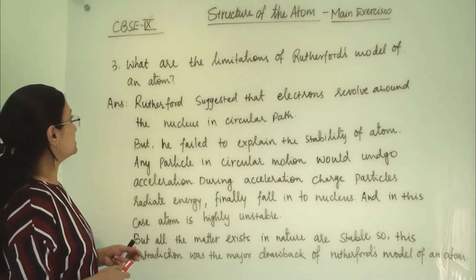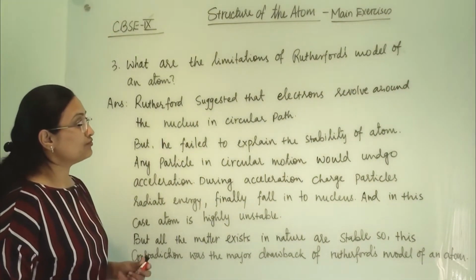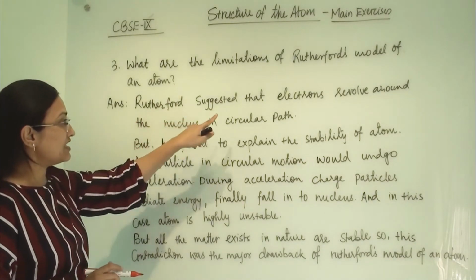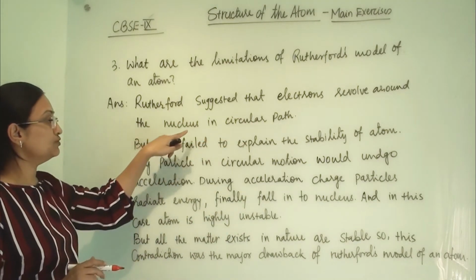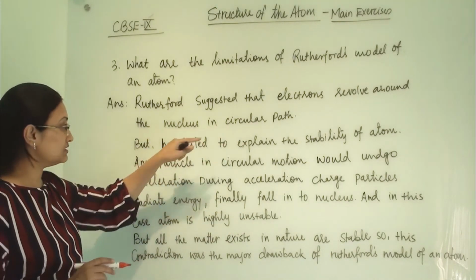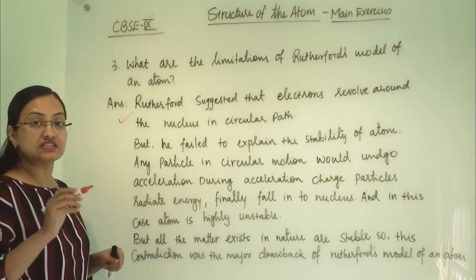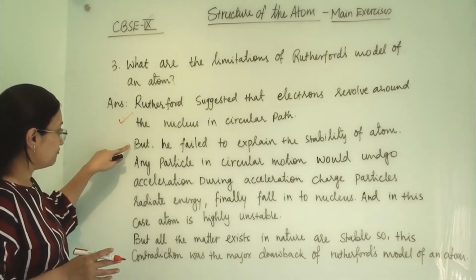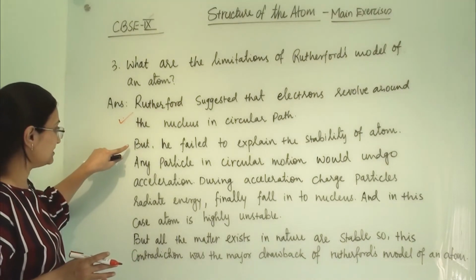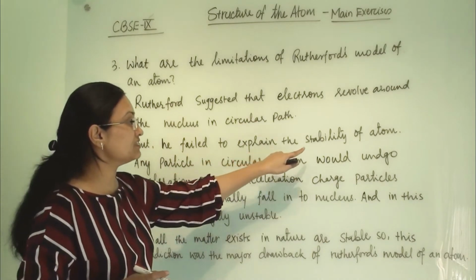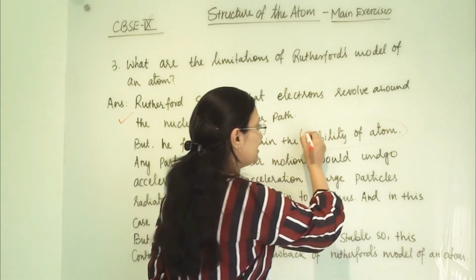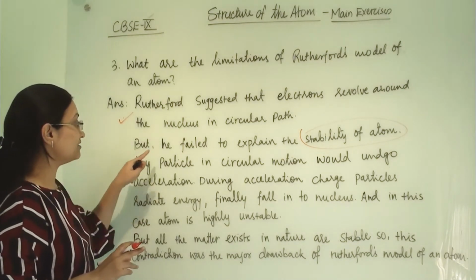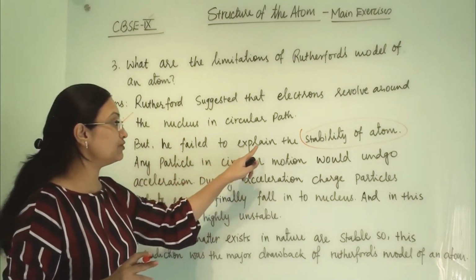Our next question is, what are the limitations of Rutherford's model of an atom? Rutherford suggested that electrons revolve around the nucleus in a circular path, after his gold foil experiment. Now our real answer starts: he failed to explain the stability of the atom. This was the major drawback.